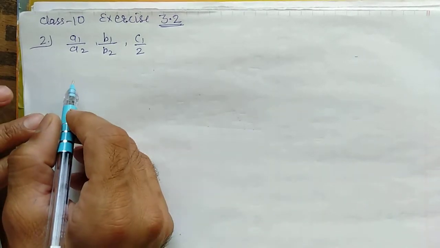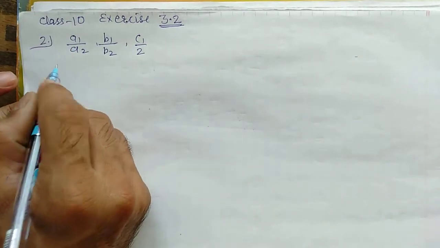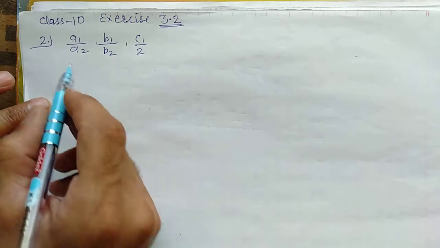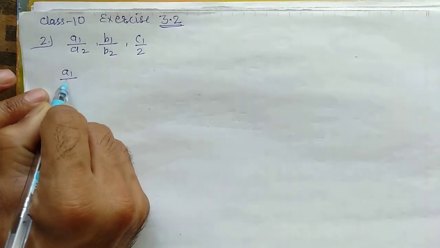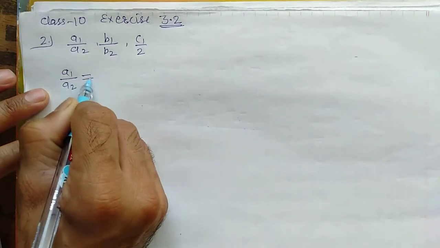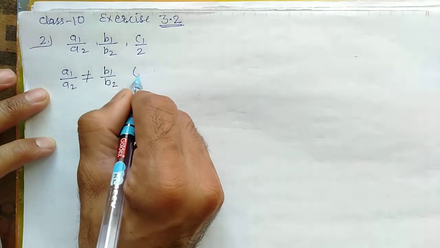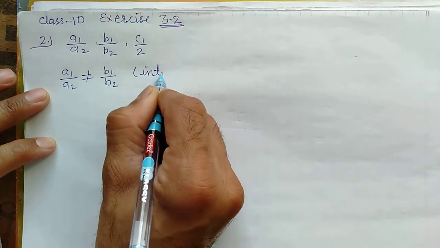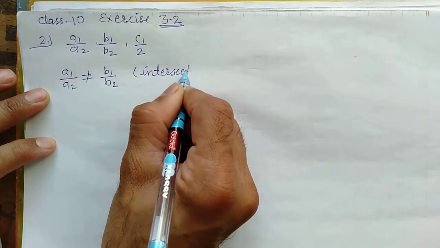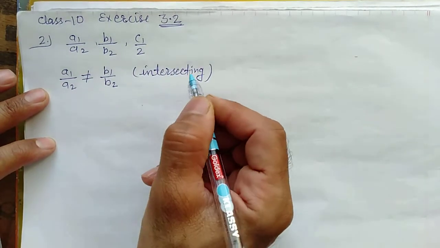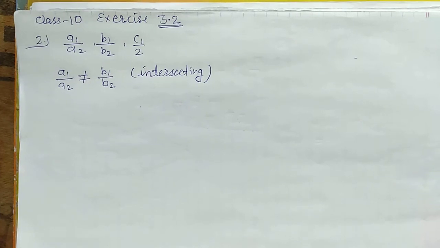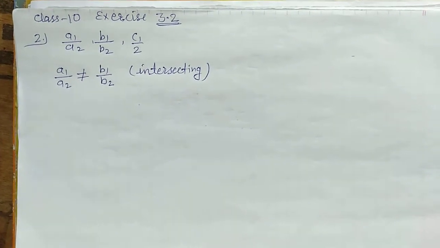Before starting, we have three conditions. First is a1 upon a2 is not equal to b1 upon b2. It means lines are intersecting. In the previous video we understood this clearly.